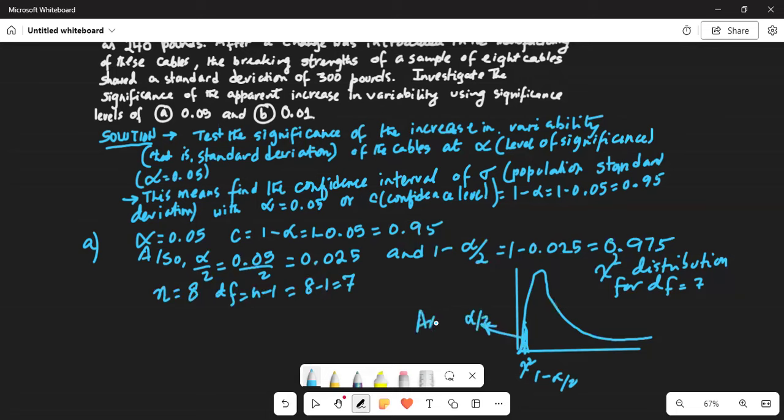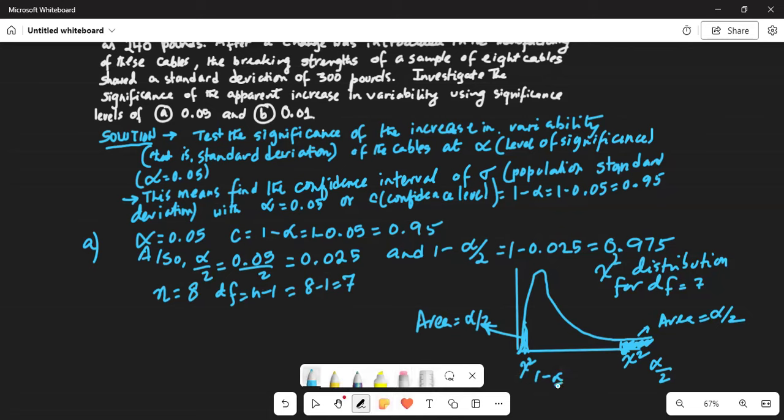And the other one we need is such that the area to the right is alpha by 2, so this will be chi-square alpha by 2.